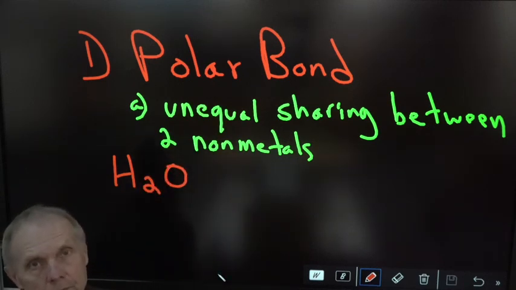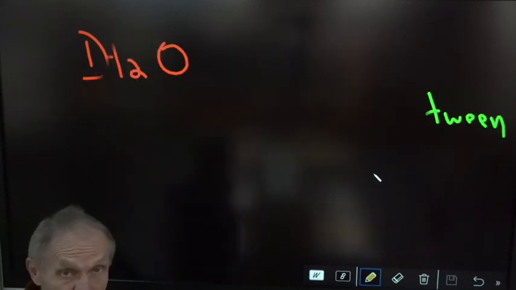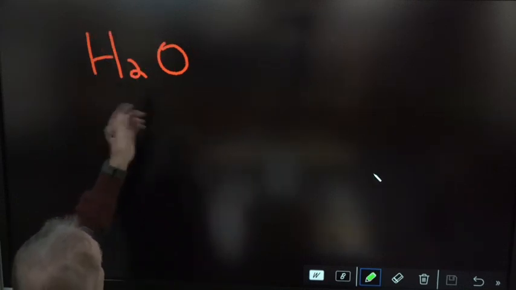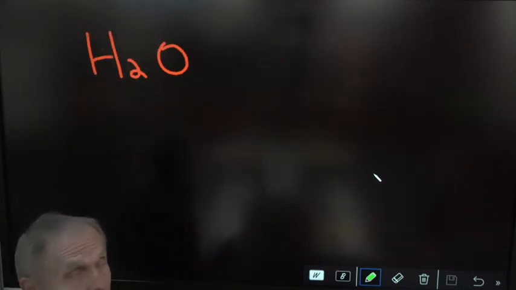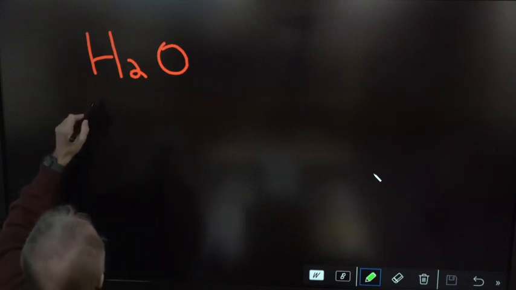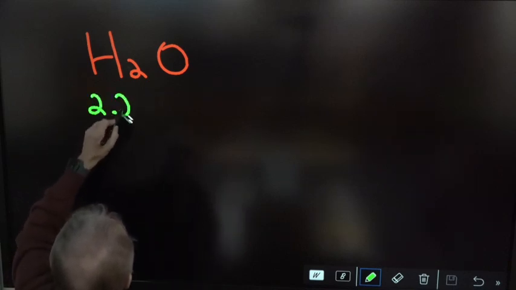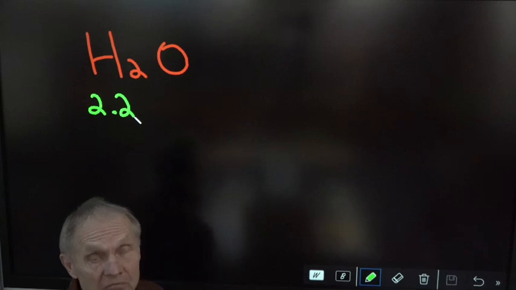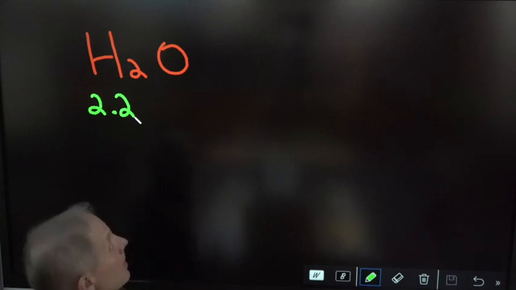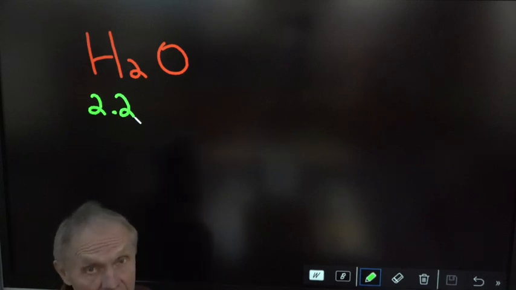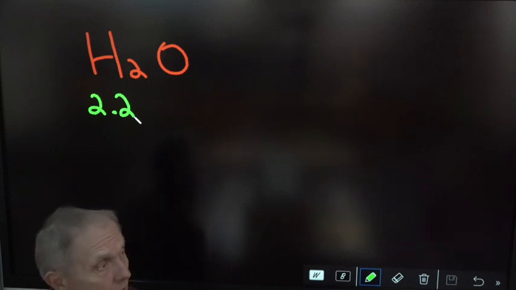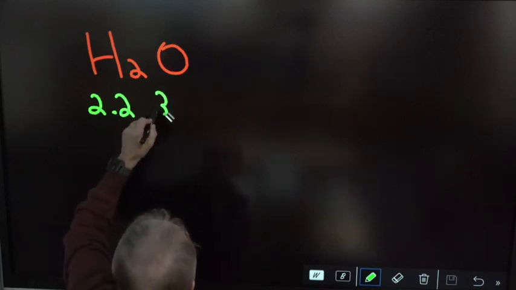H2O, all right, which is water. Now, water, the electronegativity of hydrogen is 2.2. All right, not too bad, almost in the middle. But the electronegativity of oxygen is quite strong at 3.4.